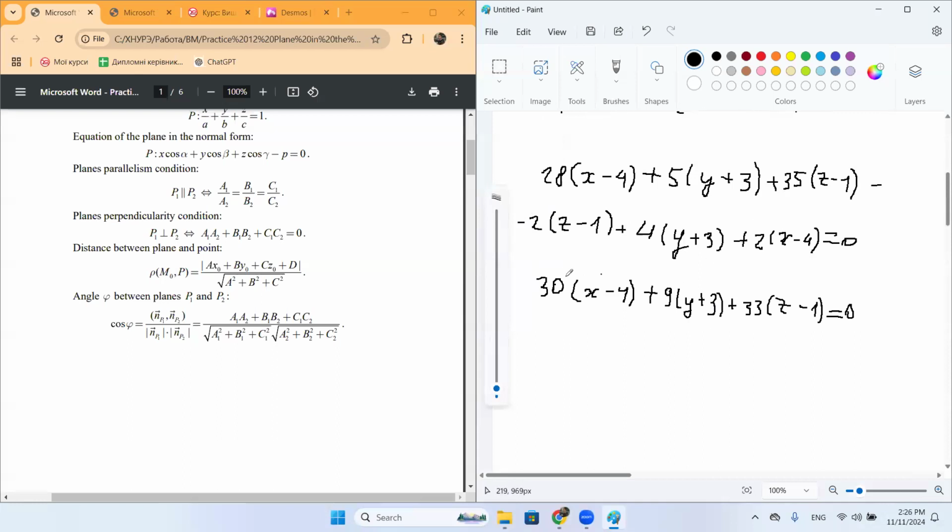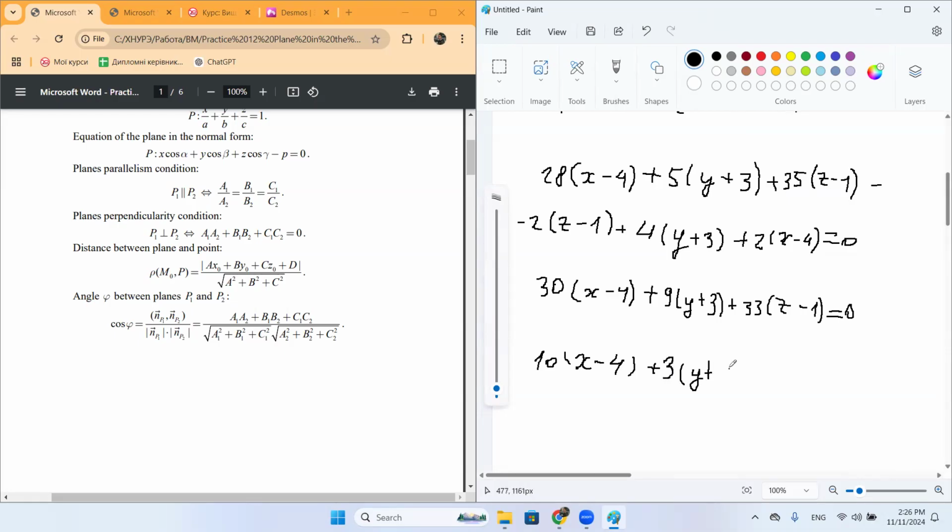We don't even need to expand all brackets, but let's simplify this equation by dividing the left and right parts by 3. So 10x minus 4 plus 9 by y plus 3 plus 30. Oh, no. And nobody told me that I missed something.